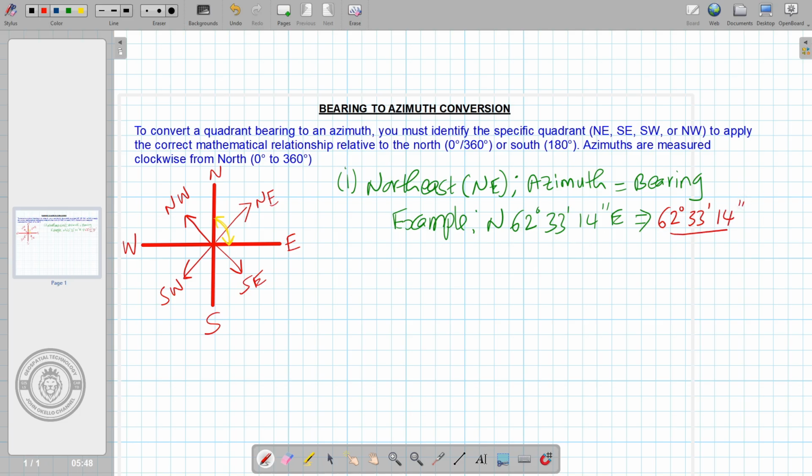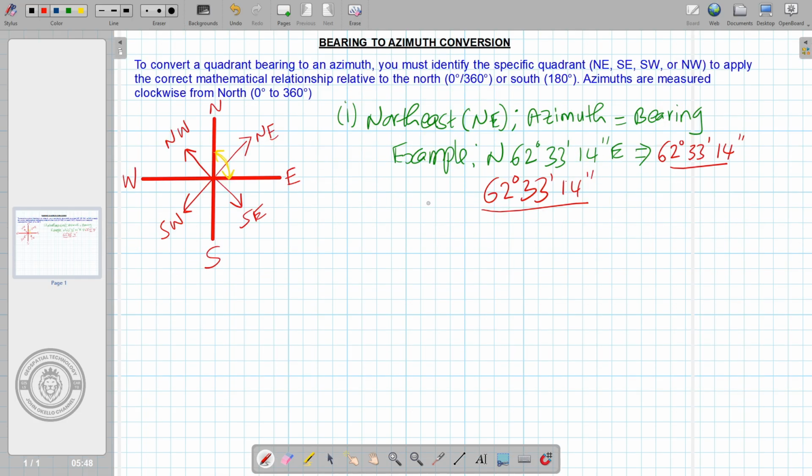So the azimuth here is 62 degrees, 33 minutes and 14 seconds. That's for the first quadrant, northeast.